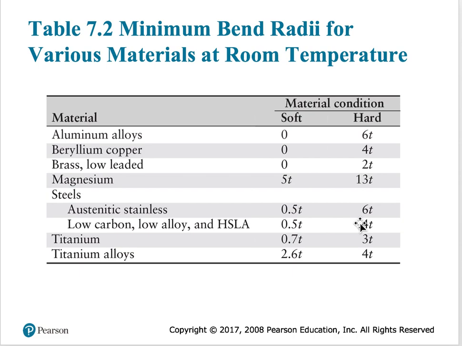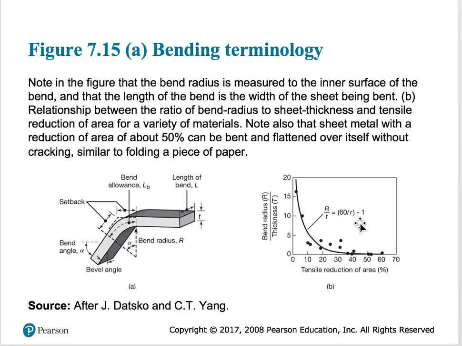So that's where that 60 over r minus 1 is. If you know the reduction in area, which is r, and if you know the bend radius over the thickness, r over t, you should be able to calculate those things and plot that and use it to have some general idea of what is allowable and what is not.